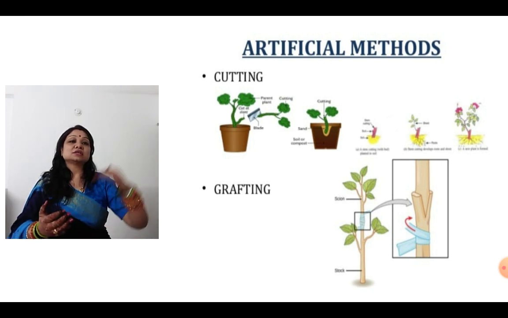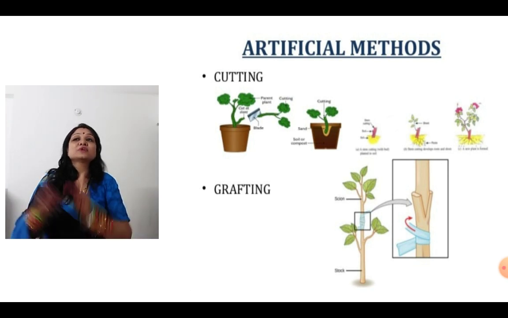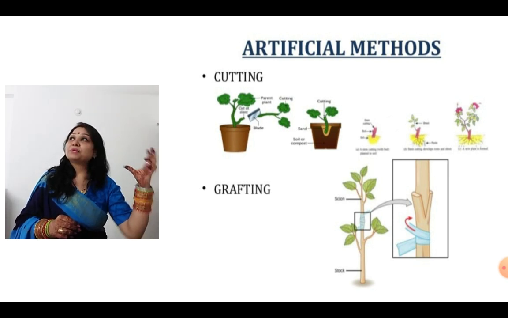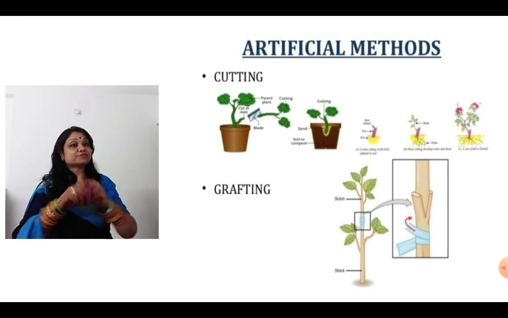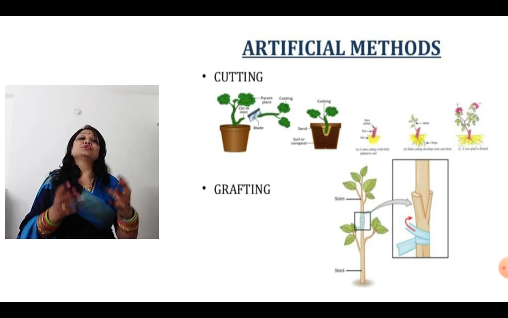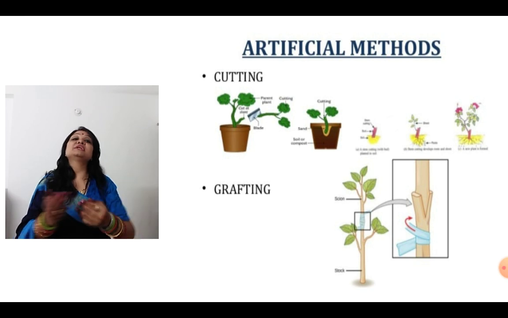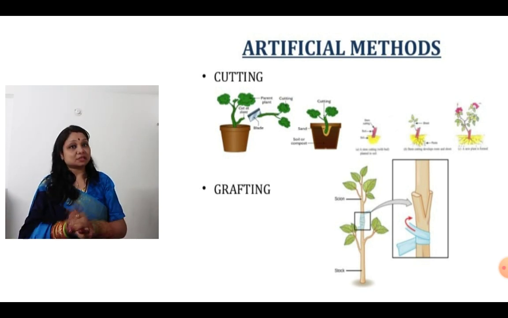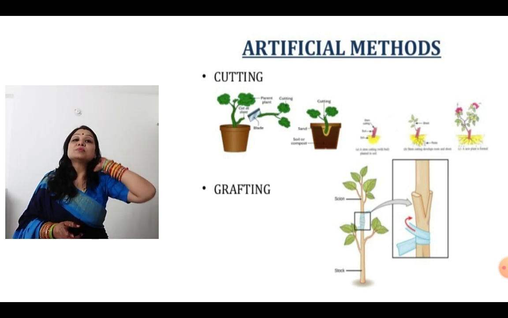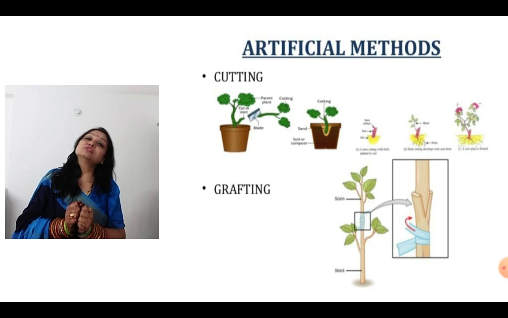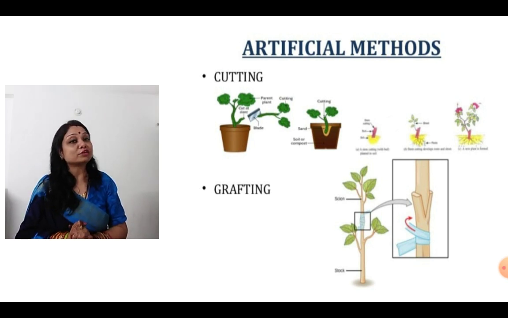If we have taken the lower portion of red roses and the top portion of pink roses, the flowers which come after the new plant grows will be a mixture of both colors, pink and red, somewhere a mixture, light pink or some other color. So the new plant which grows will have the characteristics of both the plants. That is the method of grafting.